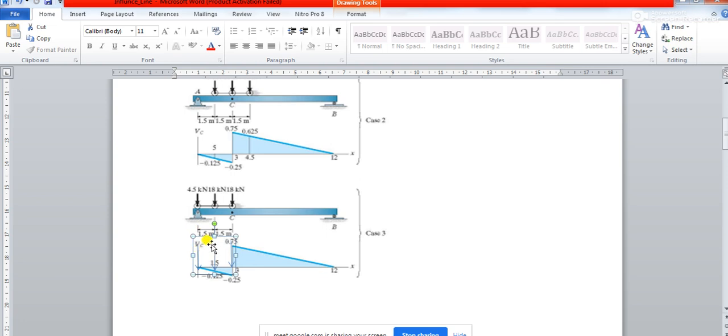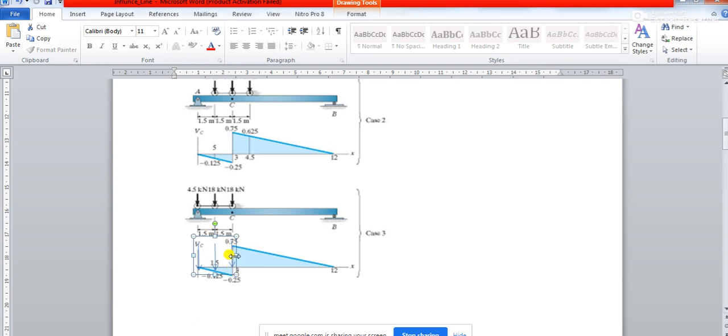This 18 kilonewton load will also be moving up this slope, but before it does, it will be dropping by another -1. Then this 18 kilonewton load at the end will be moving up by that slope, and it will just be coming over here.